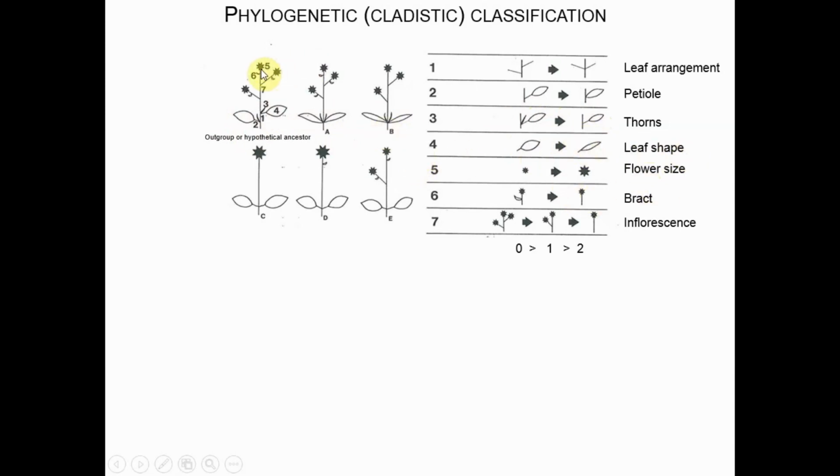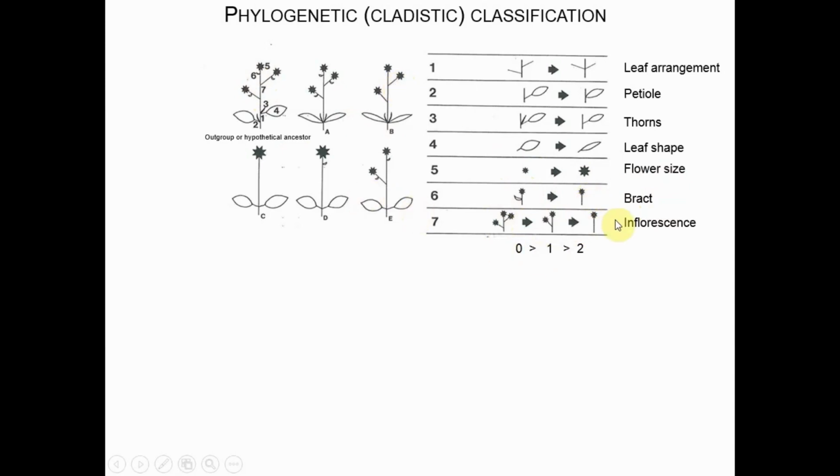Flower size, small flowers and large flowers. So small flowers we can see are present in the outgroup, so that would be 0, and then large flowers 1. We then, number 6, have bracts on the flowers, whether they are present as in the outgroup, which is 0, or whether they are absent, which is 1.